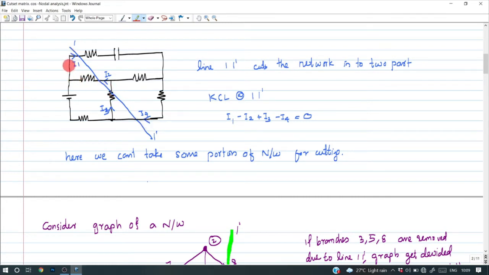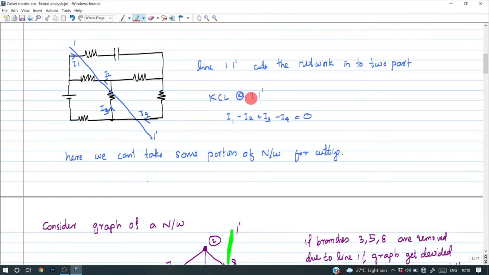The branches intersecting this line 1, 1 dash are this branch current, this branch current, the branch current through these elements, and these branch currents. So when we consider these intersecting branches, the current at this cut set is 0 according to KCL.